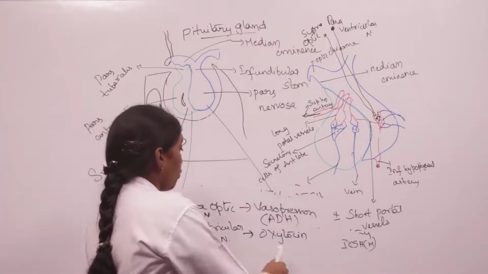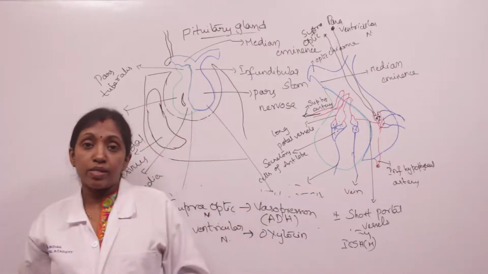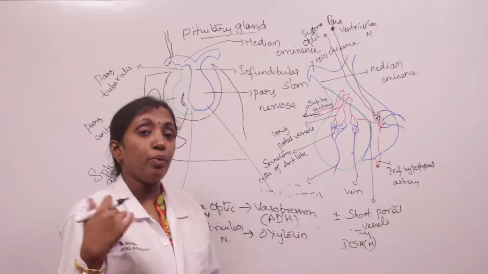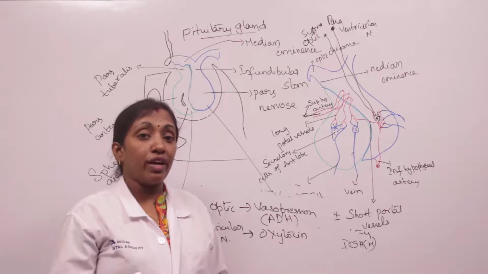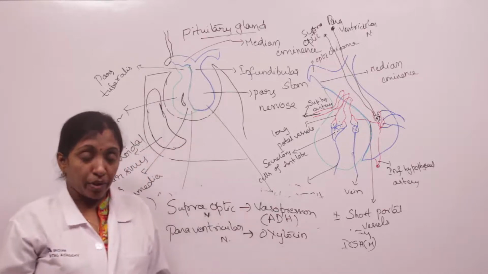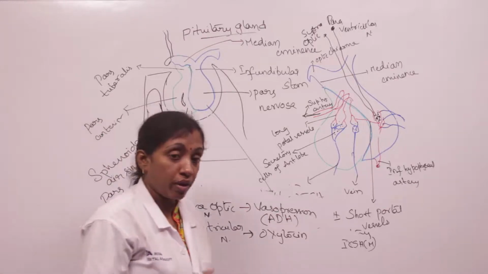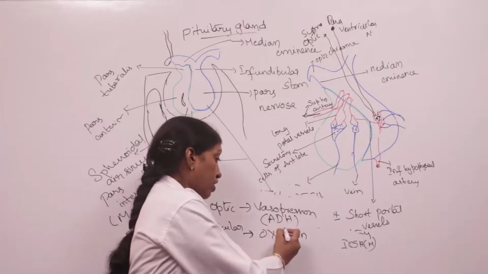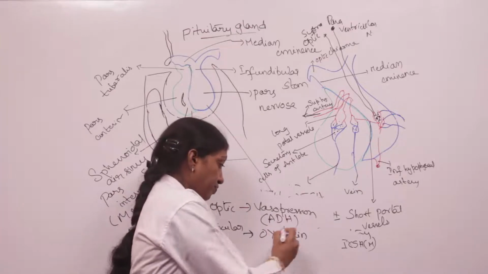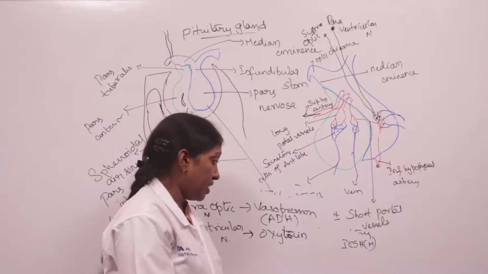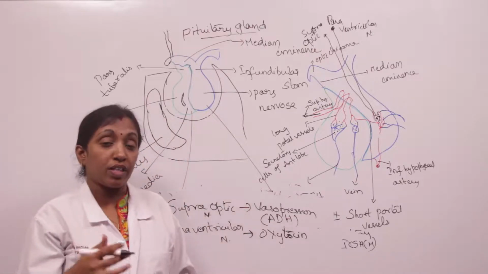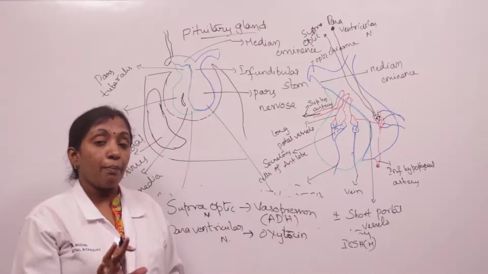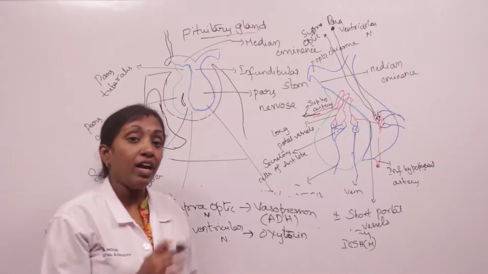And what is the function of oxytocin? It helps in the movements of the uterus during labor. It helps in the ejection of the fetus during labor. This is the function of oxytocin. Another function of oxytocin is that it helps in the movement of sperms by causing contractions of the uterus.